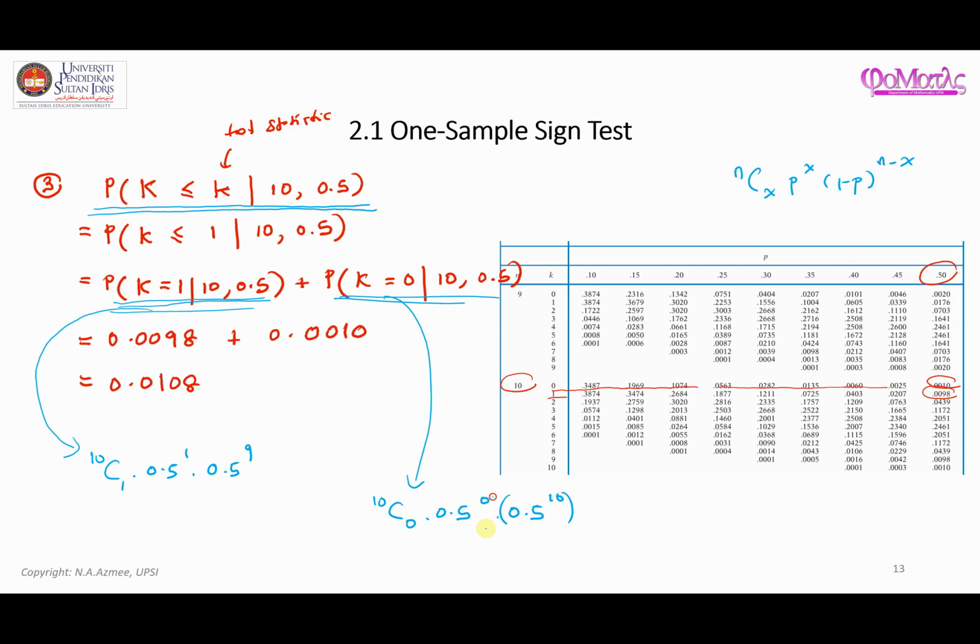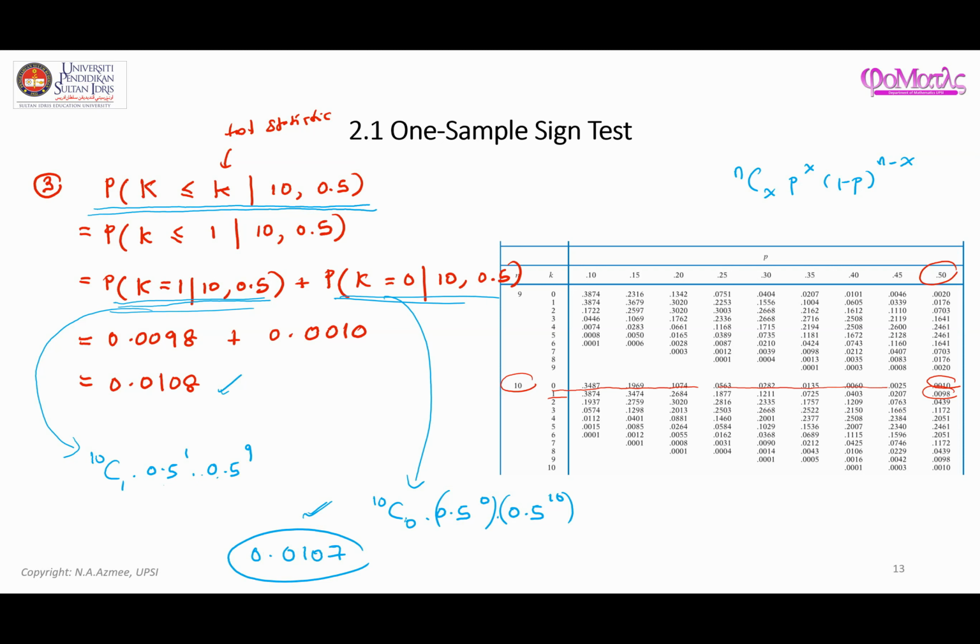If you add these two probabilities together, the result that you will get is around 0.0107. You can see there is a slight discrepancy between the results, and that is because of the use of decimals in the calculation. That's all, so don't worry too much about it.